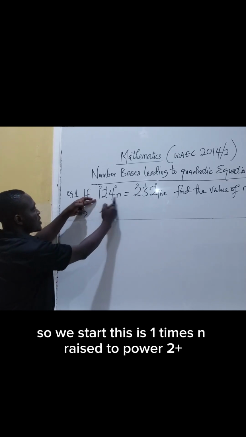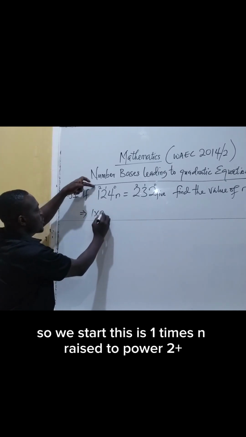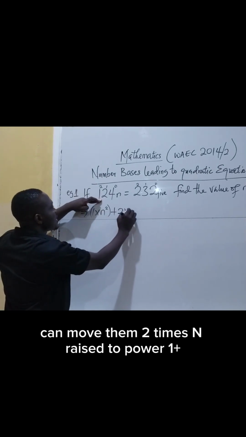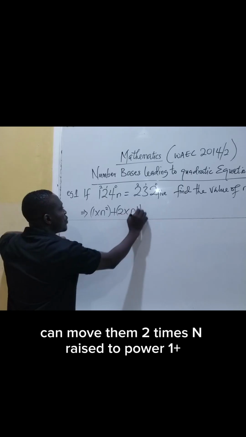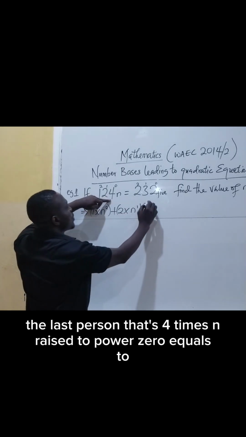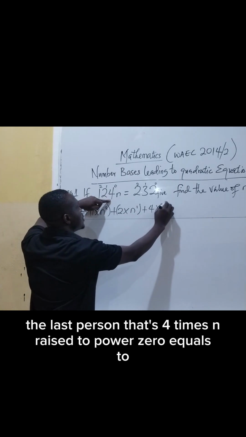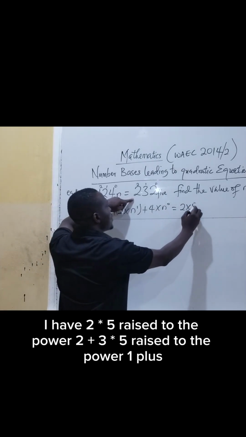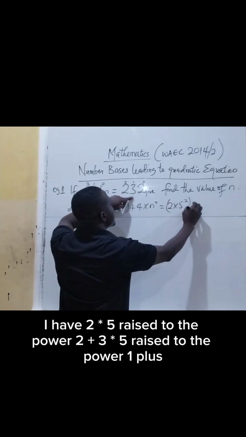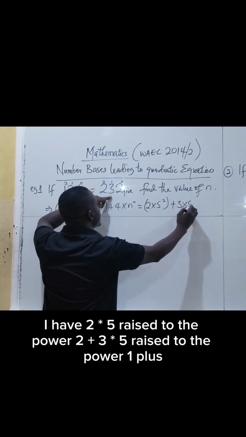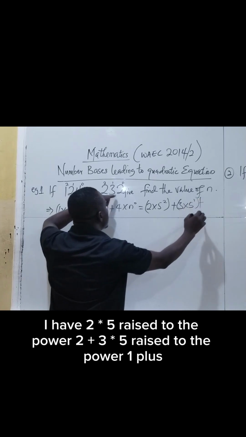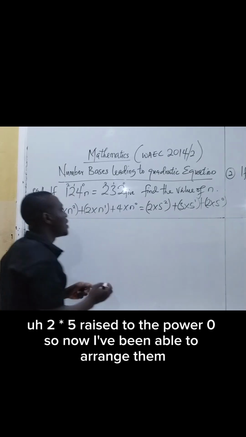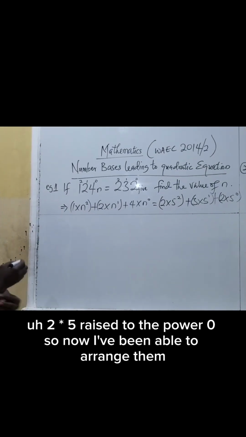So we start: this is 1 times n raised to power 2, plus 2 times n raised to power 1, plus the last one, that's 4 times n raised to power 0, equals 2 times 5 raised to power 2, plus 3 times 5 raised to power 1, plus 2 times 5 raised to power 0. So now I've been able to arrange them.